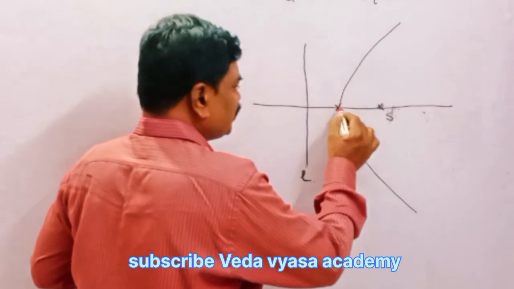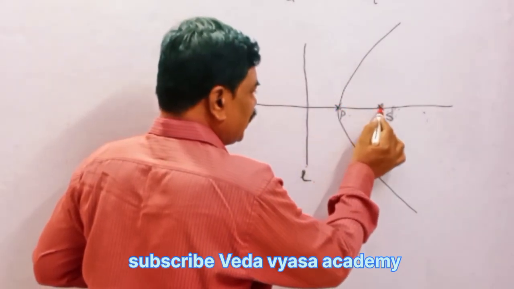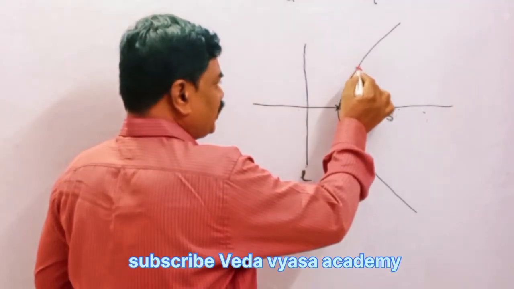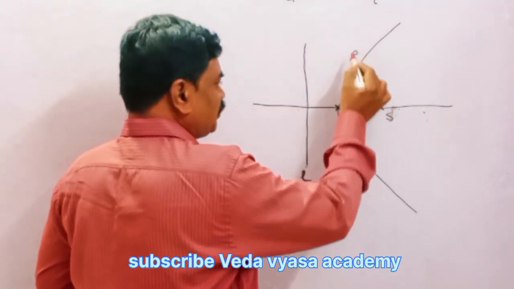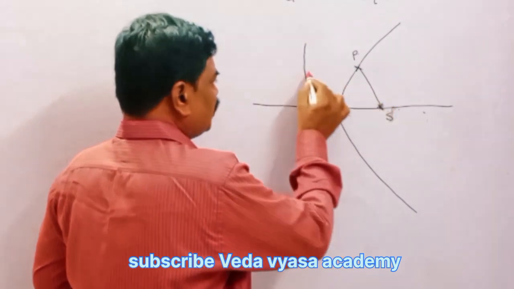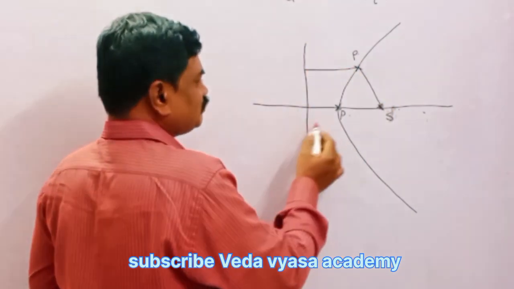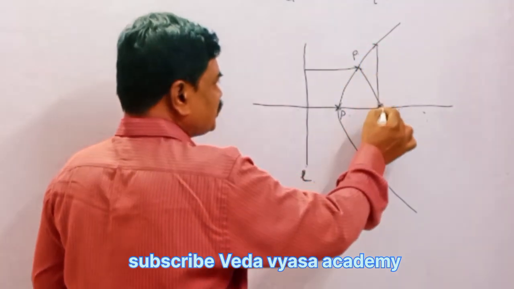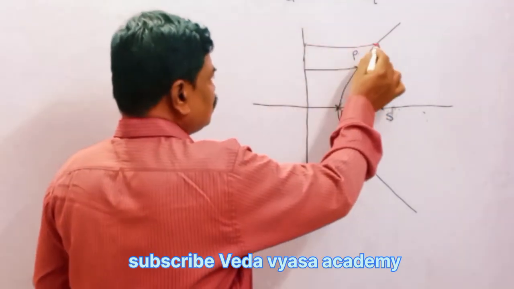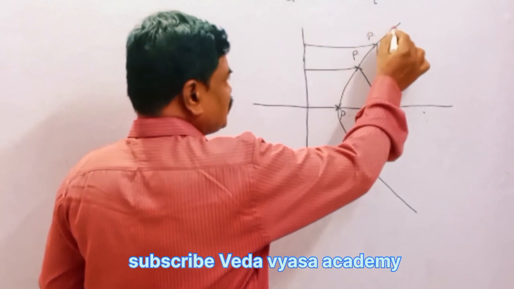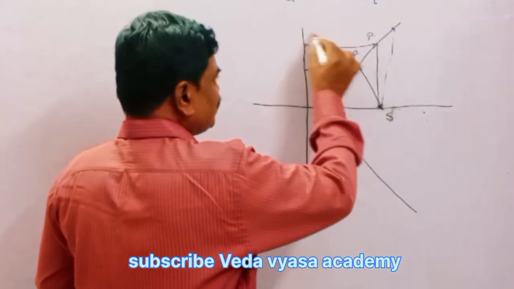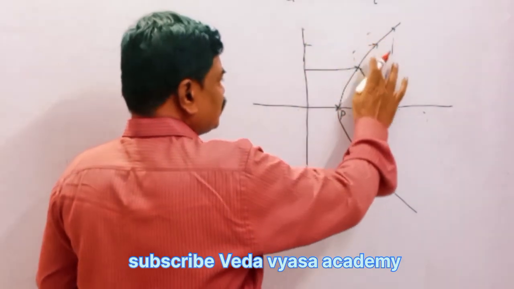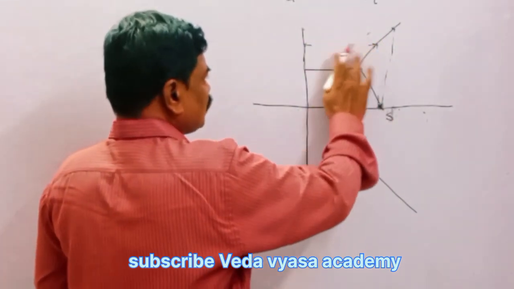So here the distance SP is equal to PM. Suppose a point P is there; this is SP and PM.